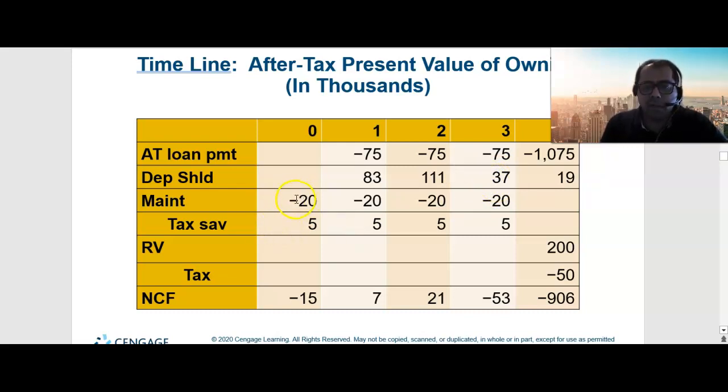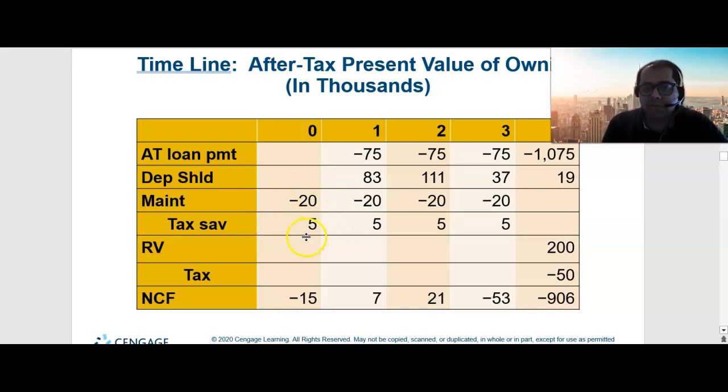Now, every year at the beginning of the year we have to pay maintenance of $20,000, right? So this is why you have this negative 20 number here. And because this is an expense, you will be able to expense that, and because of that you'll also be able to reduce your overall taxes.